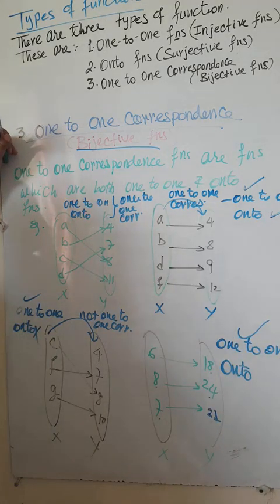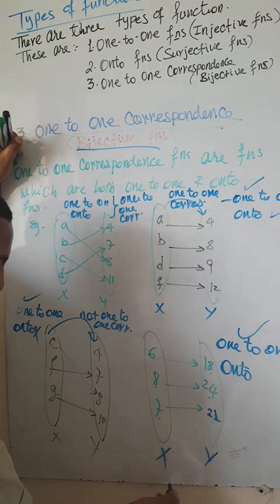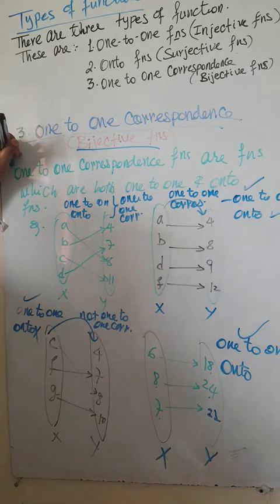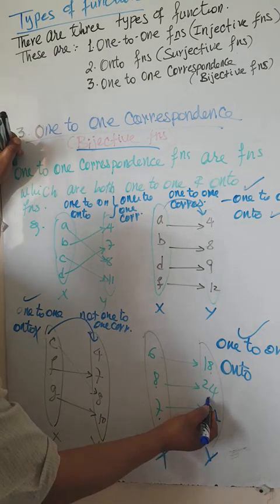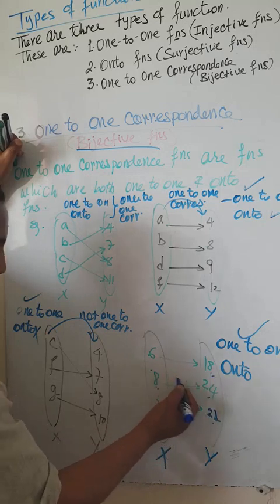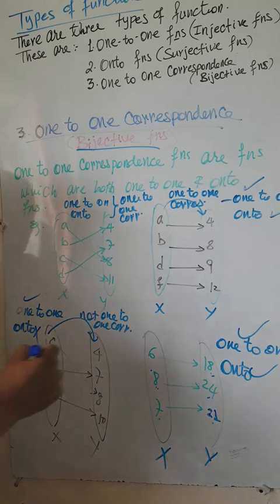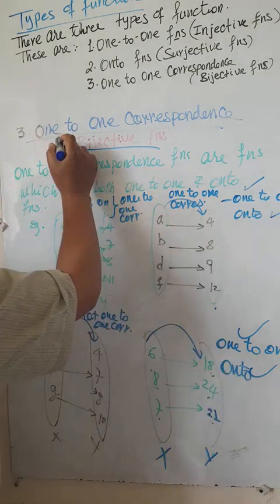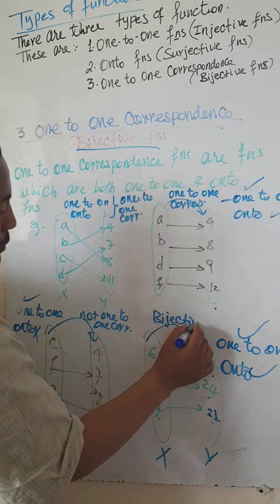So this is a one-to-one function. For onto, we check whether the elements in y, the codomain, have at least one pre-image. 21 has a pre-image, 24 has a pre-image, 18 has a pre-image, so onto is satisfied. So this is onto and one-to-one, which means a one-to-one correspondence, or bijective function.